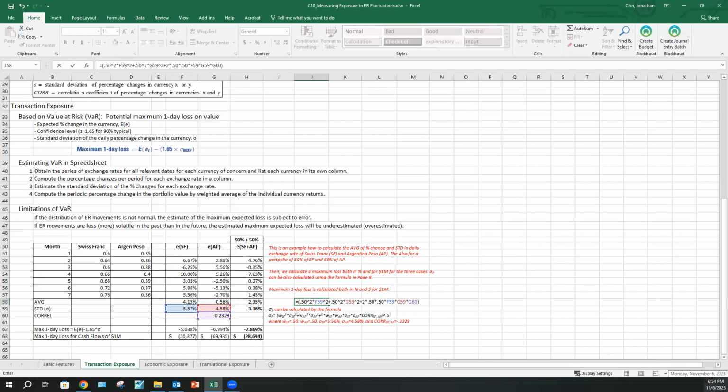That's the variance. So we have to take the square root of it to calculate the standard deviation.